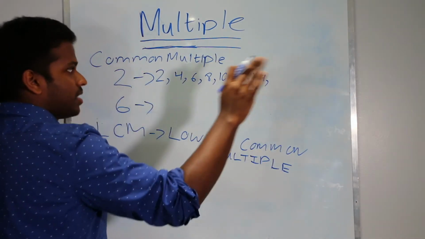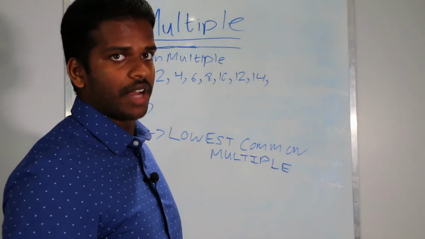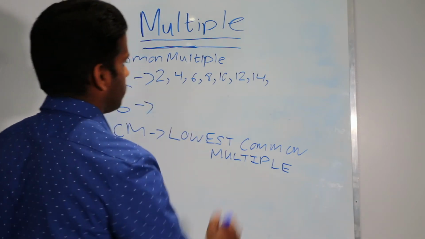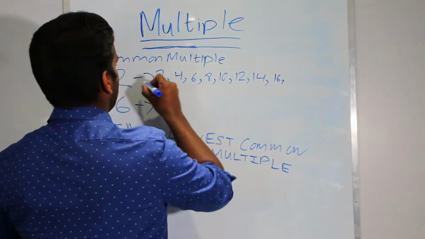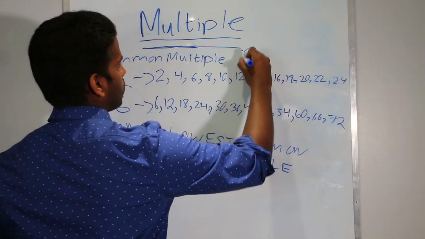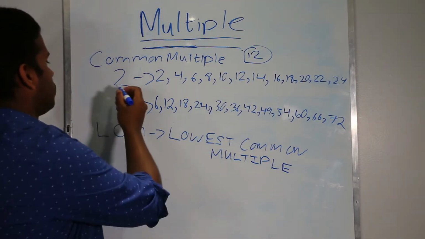We're just going to look at positives for now, because in fractions you're not going to have a negative fraction. We'll list the first 12 multiples of 2 and of 6.